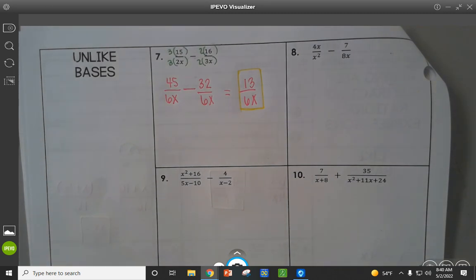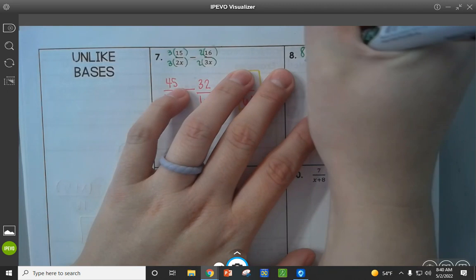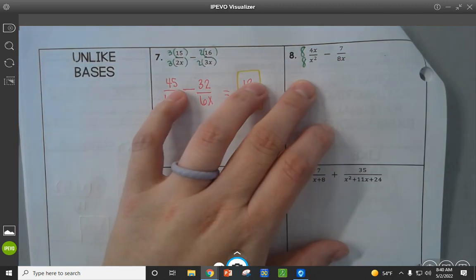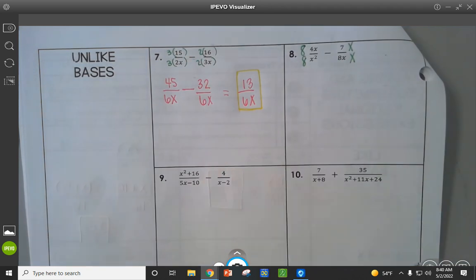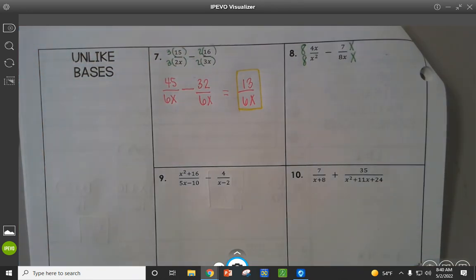So if we multiply the first one by 8, and the second one by x, that would give us like bases of 8x squared.